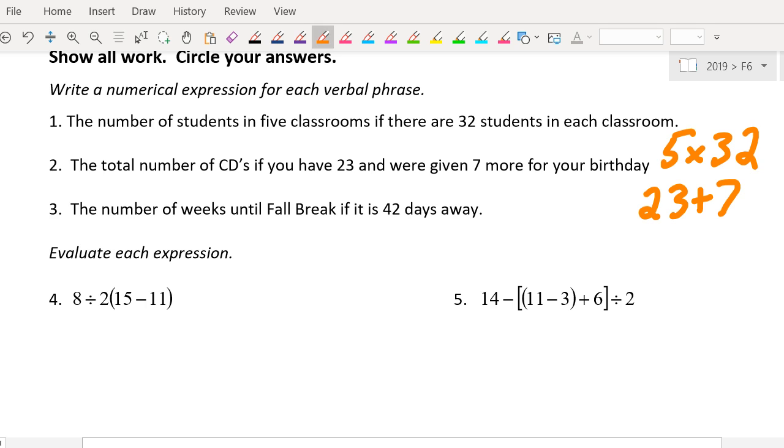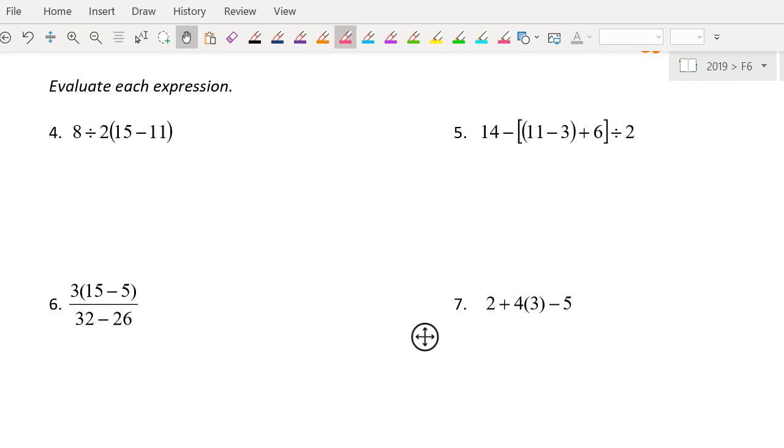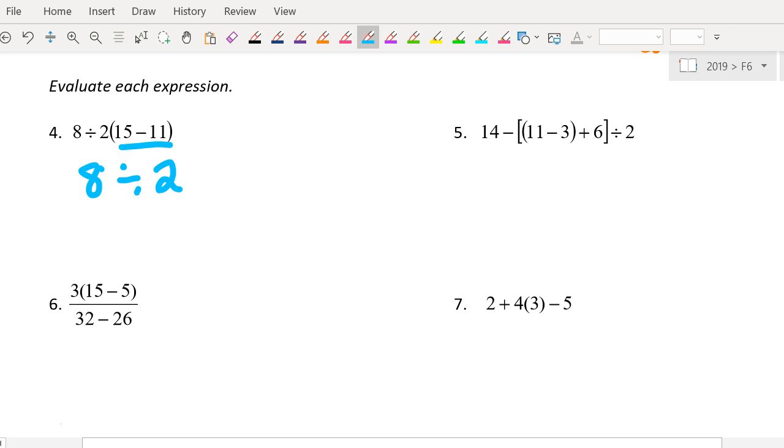All right, number 4, help us out here, please. First you have to do the parentheses, which equals 4. Right, so 8 divided by 2. Now, careful the second step. This is a little weird, right? Because you must multiply or divide in the order they appear.